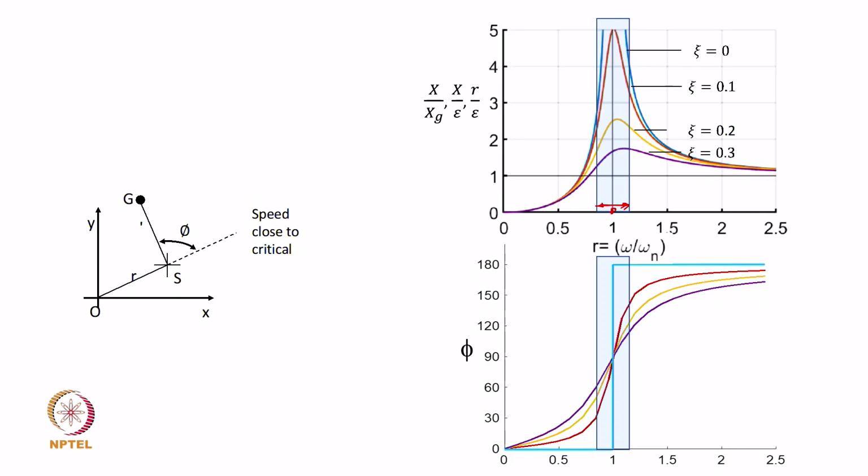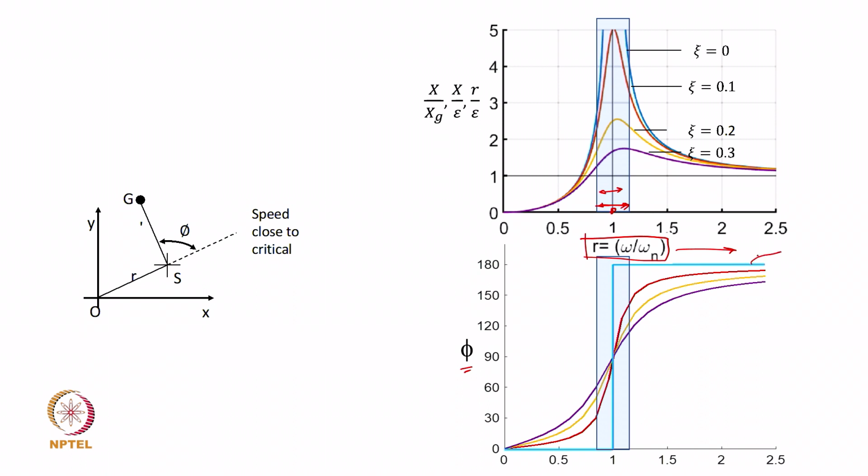When it is close to the natural frequency, then you have resonant vibration amplitudes. Now, when we plot this angle phi with respect to the frequency ratio, omega over omega n, the amplitude changes the way we have discussed already, and the phase angle changes like this.